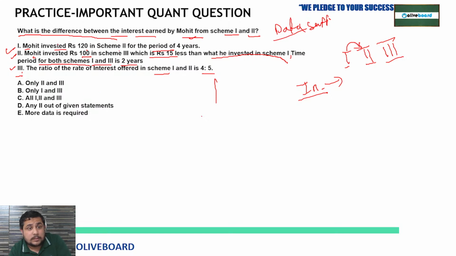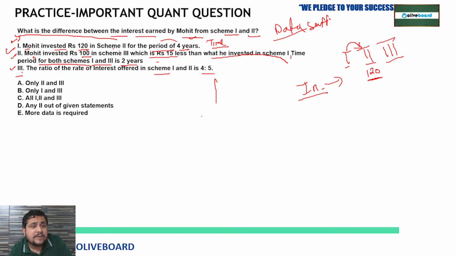If we go for the first statement, Mohit invested rupees 120 in scheme second for a period of 4 years. Invested means the principal value is given for 4 years. So for the second scheme, 120 he invested, and time is also given to us.